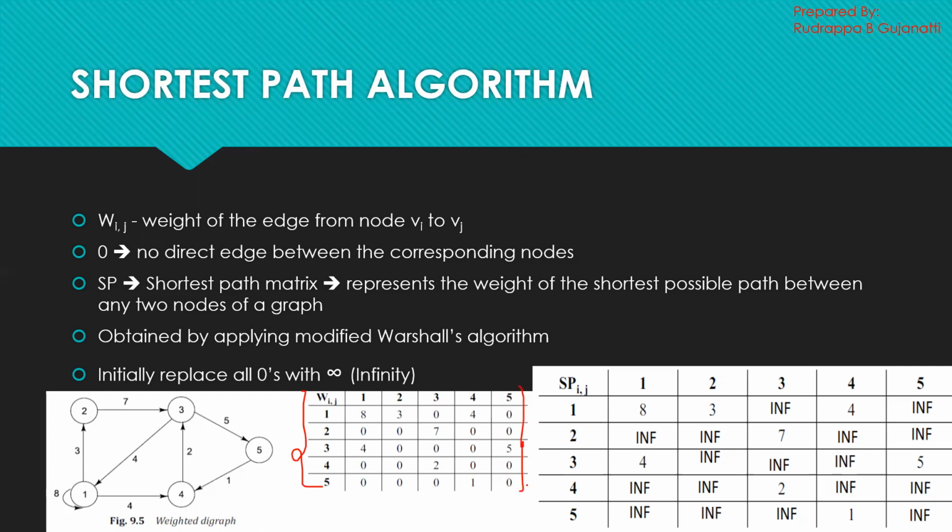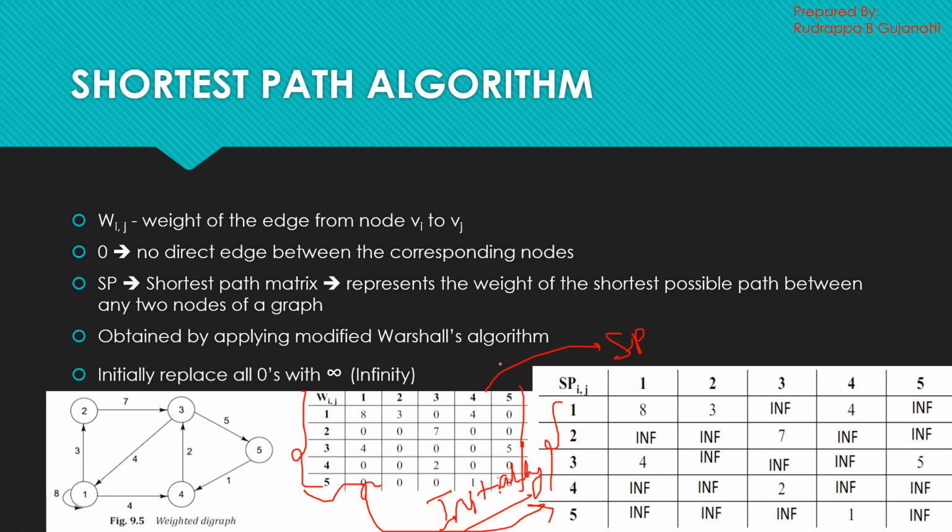Once you obtain this weight matrix, you update the initial part of the shortest path matrix. This is the initial update. Before going into the actual updation of the shortest path matrix, initially from this weight matrix you obtain this initial shortest path matrix.